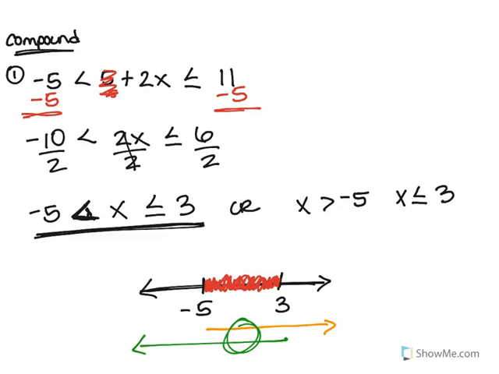I got 2 inequality signs in the problem. Now, what you got to be mindful of is that I don't have to match my closing symbols. If you notice, one of them has an equal bar and one of them doesn't. So make sure you're mindful of who's got to have the bracket versus who has the parenthesis. So when I look at negative 5, it's going to have what?